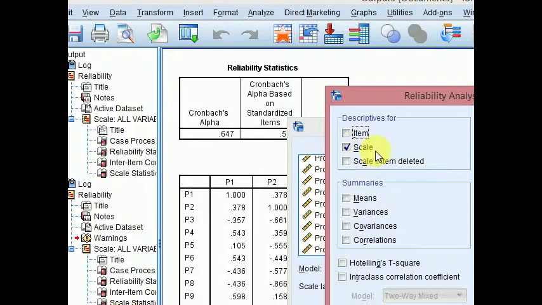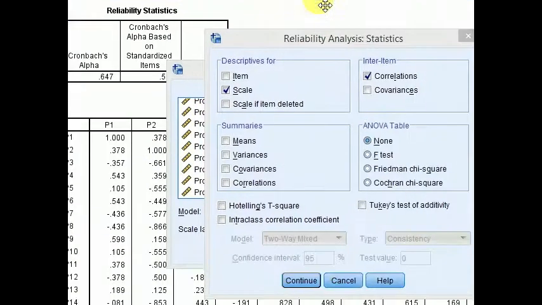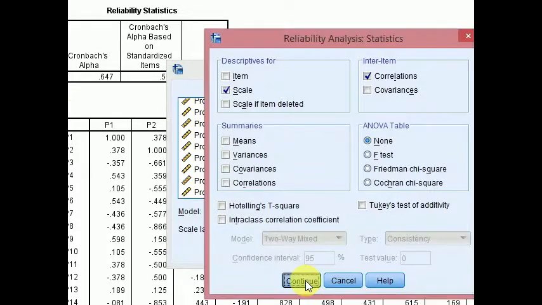Correlations, that's it, inter-item correlations. The reason I'm using inter-item correlation is so that we will know if there's a problem with the data, or with the alpha, then we can do something about it.